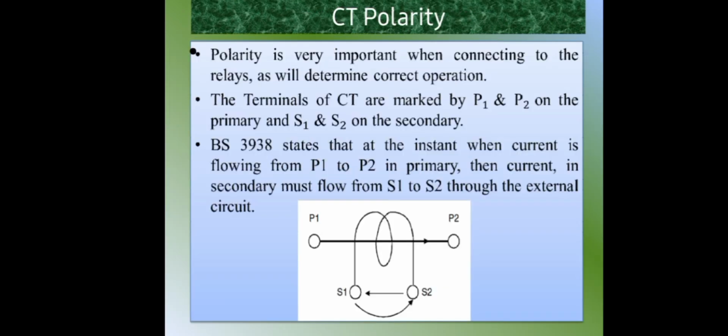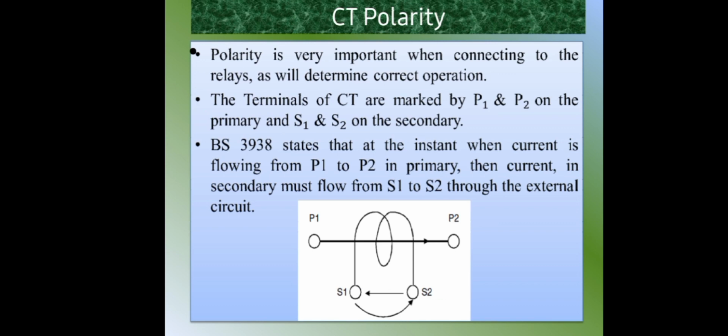So let's see the other parameter of the CT, that is polarity. Polarity is very important when connecting to the relays. It decides the direction of the protection. The idea that comes to mind is the direction in which we protect the equipment.